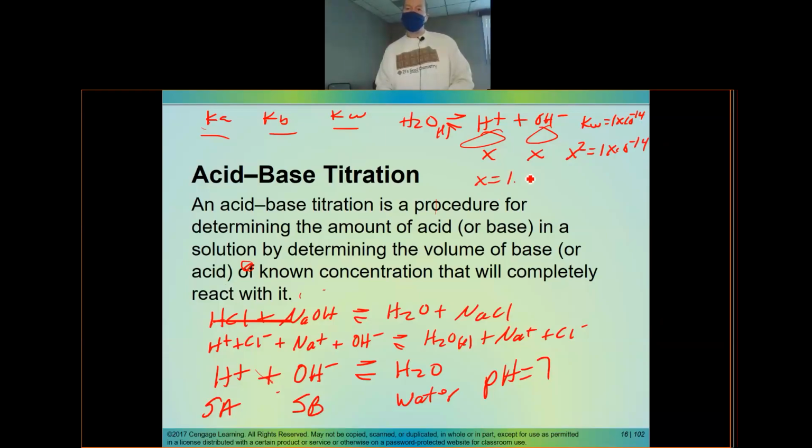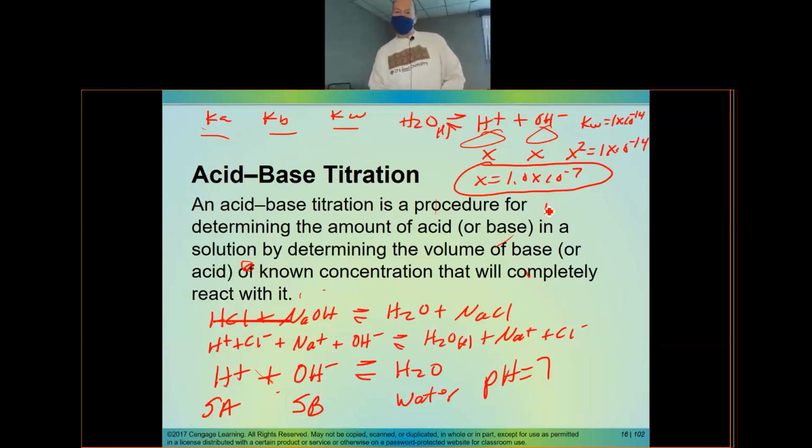So your x value is 1.0 times 10 to the minus 7. And this one you can't get wrong, because if you said it was H plus, you're right. If you said it was OH minus, you're right. It's both. It is the H plus concentration, and it's also the OH minus concentration.